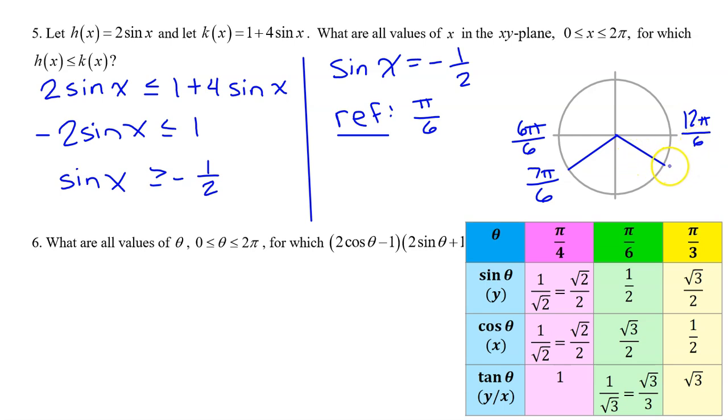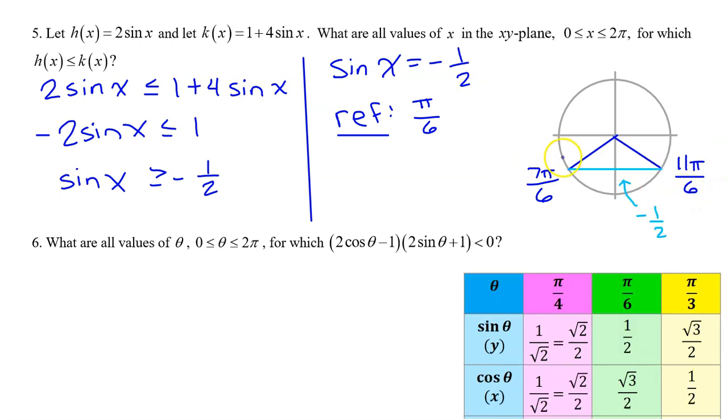So this angle in the fourth quadrant is 11 pi over 6. The sine of both of these angles is negative 1/2, and sine represents the vertical displacement, or the y value, on the unit circle. Therefore, this horizontal blue line represents a vertical displacement, a y value, of negative 1/2.